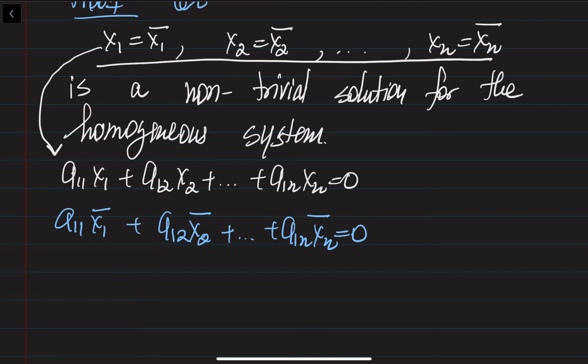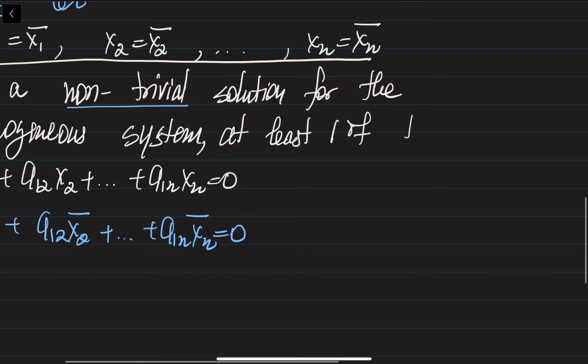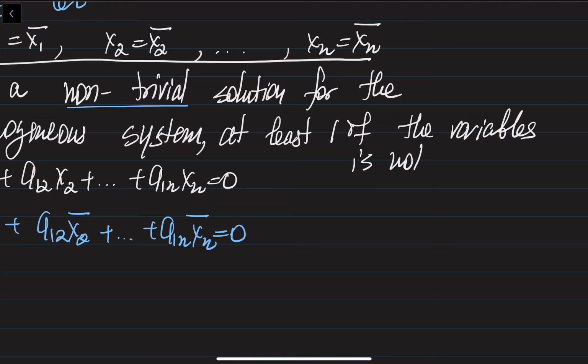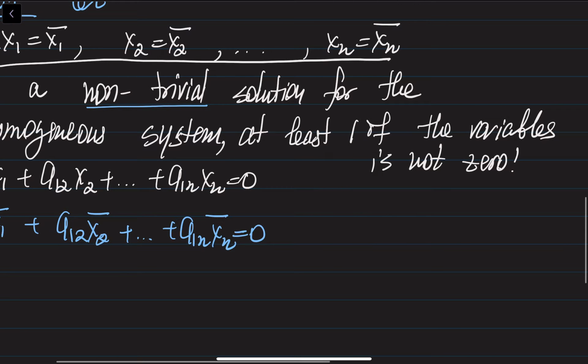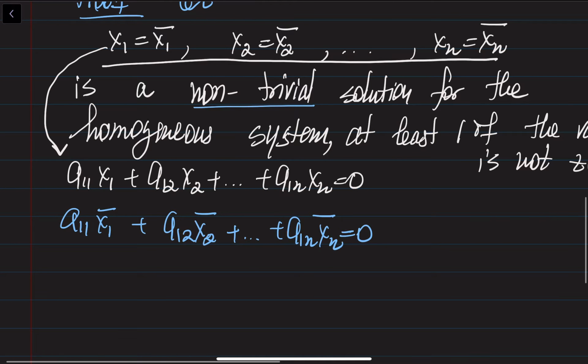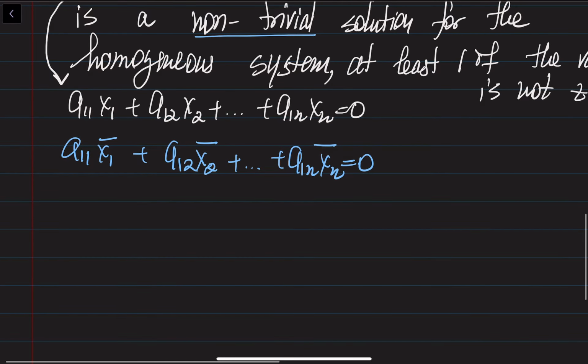Okay, so a non-trivial solution actually means that at least one of the variables is not 0. It is possible that all of them are 0 except just one. So even in this case, the solution is going to be called non-trivial.